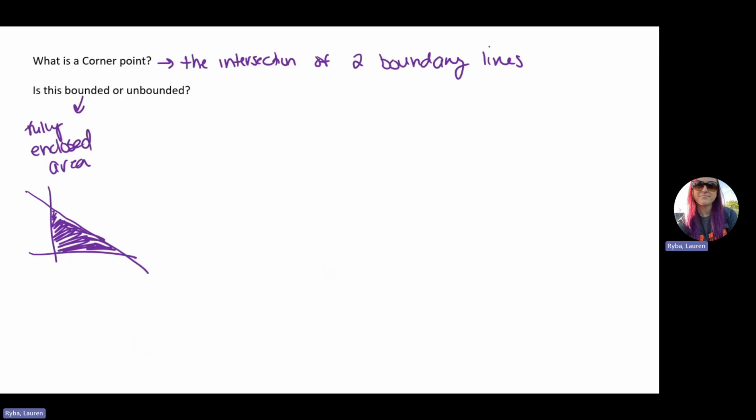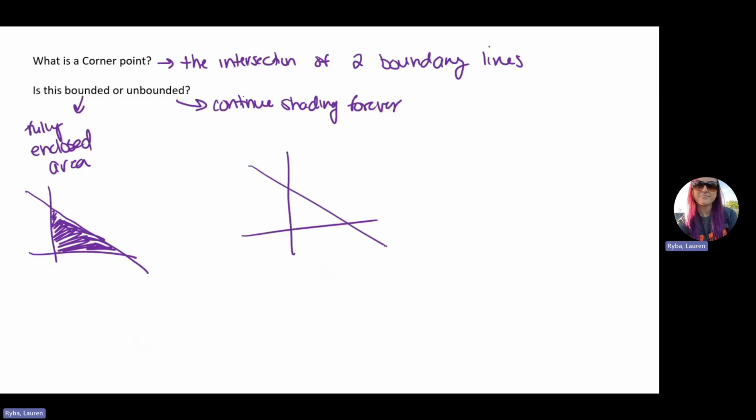That's considered a bounded area, right? There's a bound on every side. There is a boundary line that the shading area does not cross. So unbounded is then going to mean that it's going to continue the shading forever. And that's what happened in the first two examples we saw today.